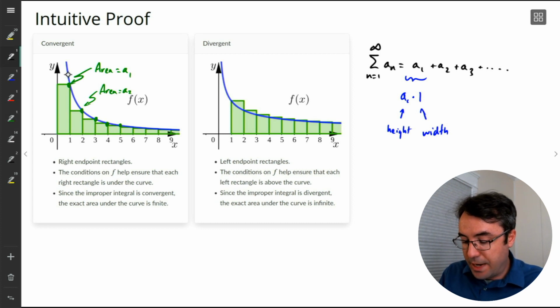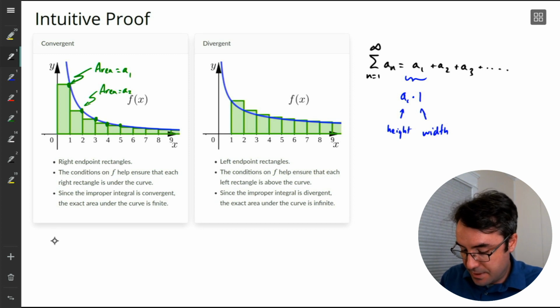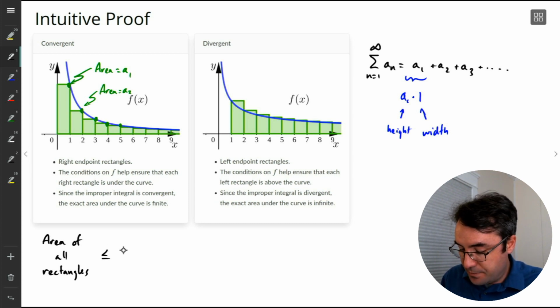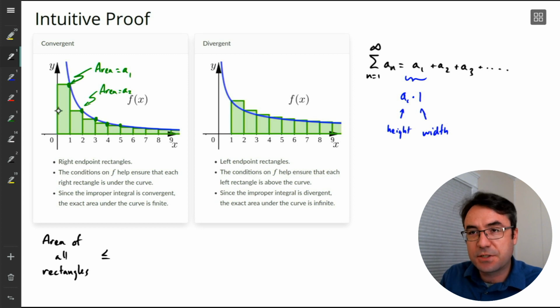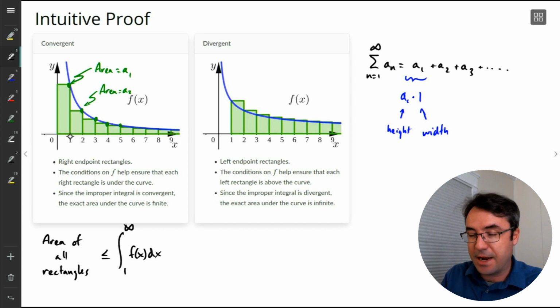And so what happens here is we expect that if we add up the area of all these rectangles, it should be less than or equal to, maybe excluding that first one, because we're doing our improper integral from 1 to infinity of our function. So we want to start at x equals 1.